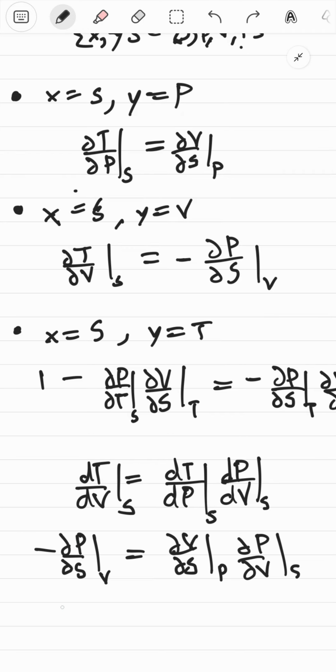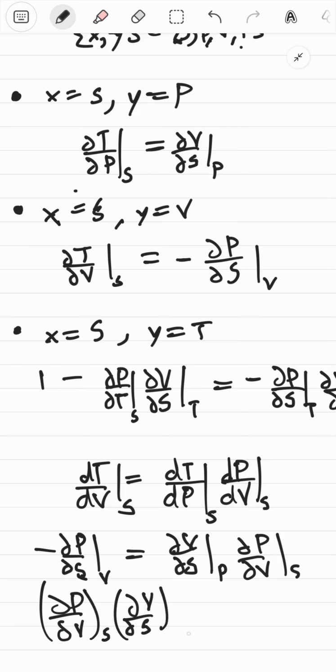And this can also be written in a different way, because at constant volume you can write pressure as a function of entropy, and then you can write this whole thing as the reciprocal. So what you essentially get is partial P by partial V at constant entropy, and then partial V by partial S at constant pressure, and partial S by partial P at constant volume, that's equal to -1.